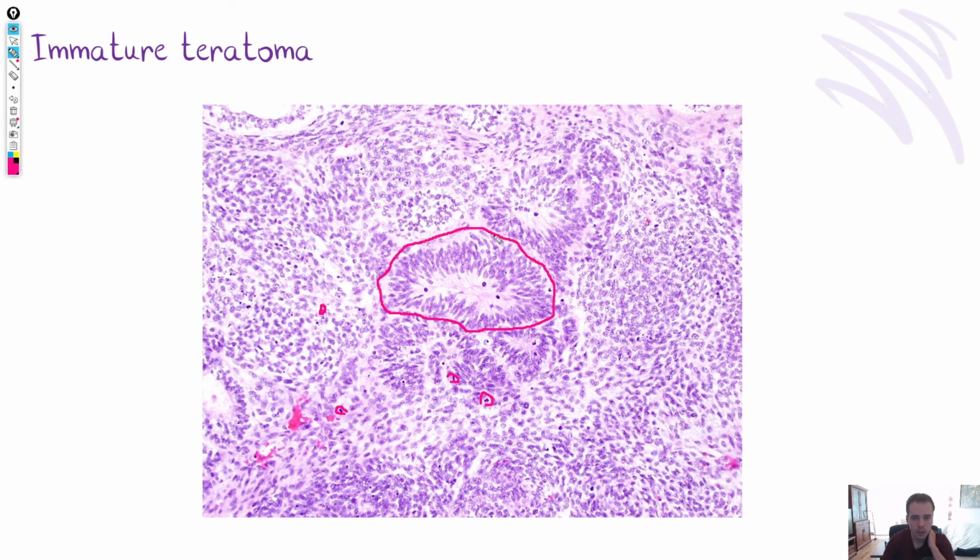So very often you will see those structures that look like neural tube with some lumen in the middle. So if you find this, we will call it immature teratoma, and as I said, the neural tissue is by far the most common tissue which can be immature in teratoma.